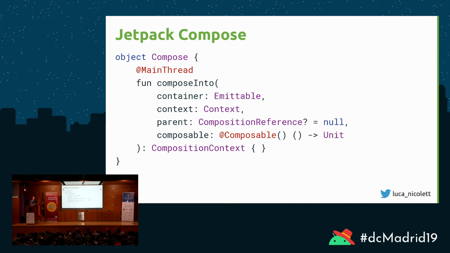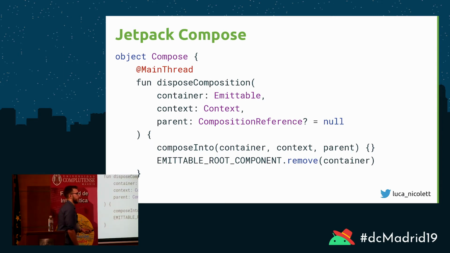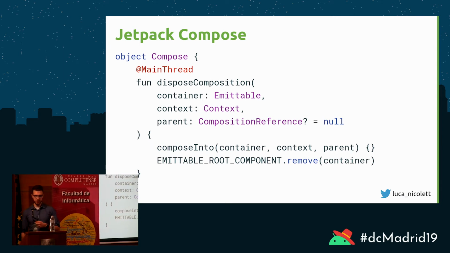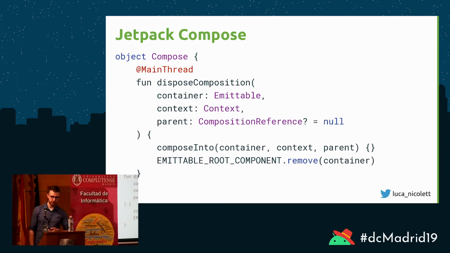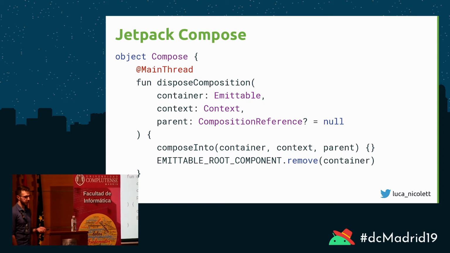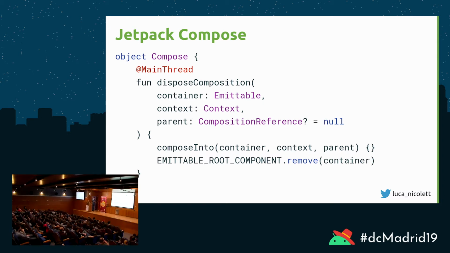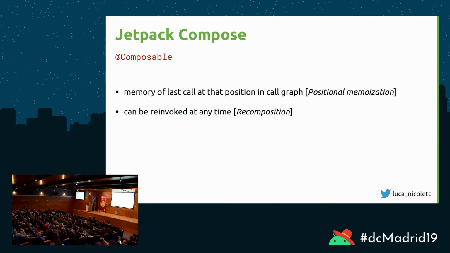This method is the opposite of Compose.disposeComposition, which is this one. disposeComposition is meant to be used to release resources. For every call to composeInto, it's important to have an equivalent call to disposeComposition, and by equivalent they mean with the same container, or else you can have memory leaks in your application.